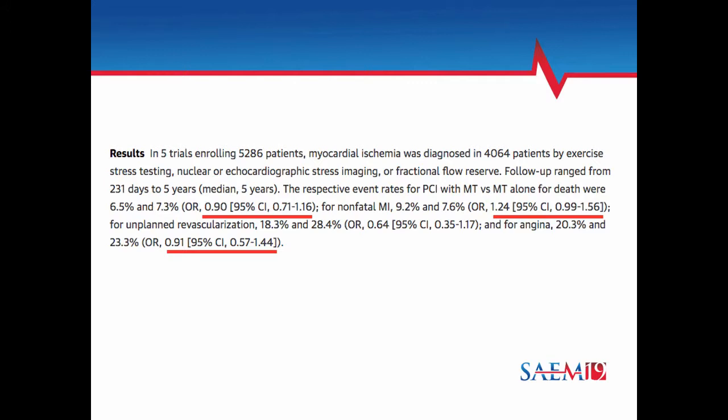Okay, could this test be harmful? So the number needed to harm for angiography: the absolute risk difference is 2%, so the number needed to harm is 50. So 1 out of every 50 patients who get a cath will experience major bleeding, MI, or stroke because of the procedure.